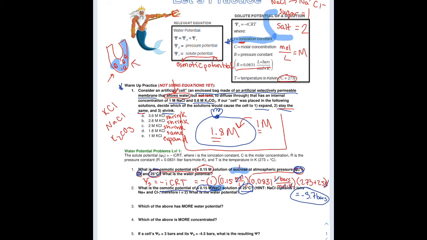So without even working it all out, the only thing that changed in my equation is this ionization constant, and it went from 1 to 2, so you would expect your answer to be doubled. And so your solute potential would be negative 7.4 bars, because it's twice what it was in question 1, because you're now looking at a salt instead of a sugar.